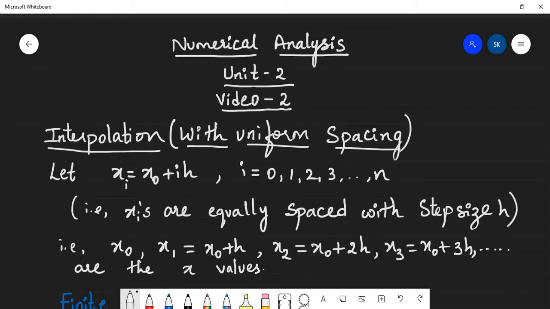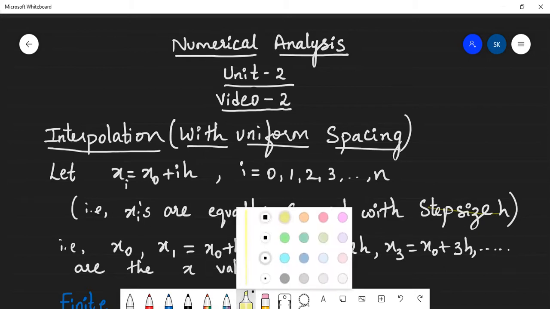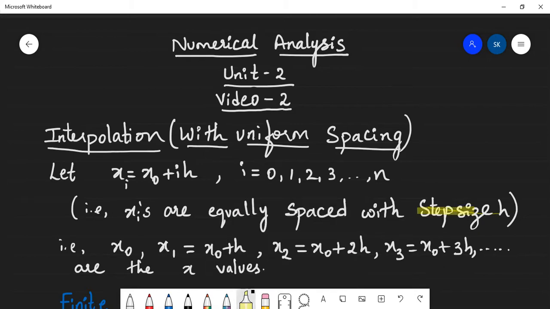If I take the step value as h, then what will I have? The general point will be xi equal to x naught plus ih, where i changes from 0, 1, 2, 3, and so on.